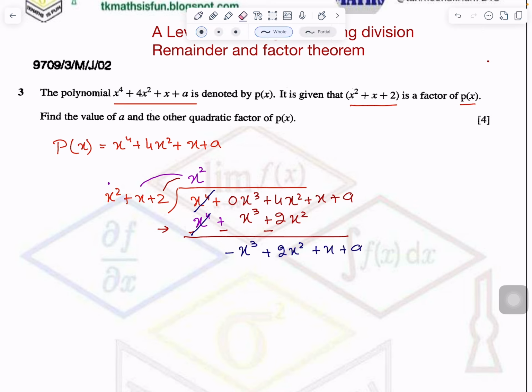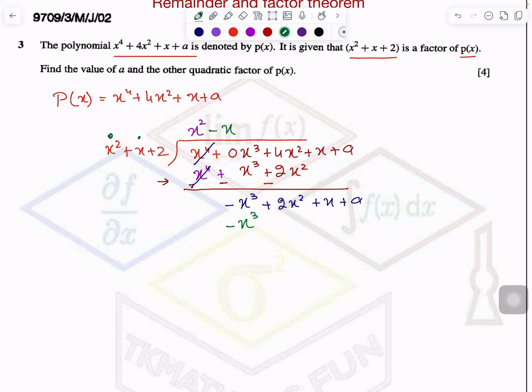Now what you have to do, just a minute, let me erase this. Now I have to multiply this x square by minus x to get minus x cube. Like I said, we always try to get exactly the same term of the polynomial because you have to cancel it out. Then I will multiply this x by minus x. It will be minus x square.